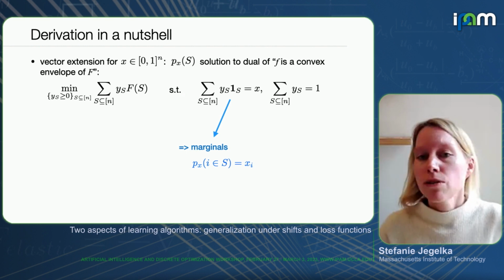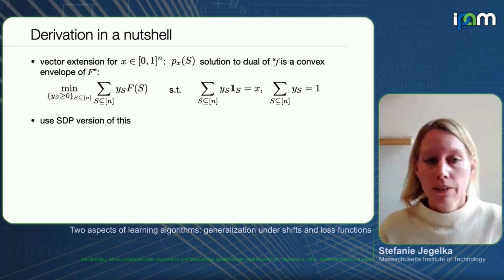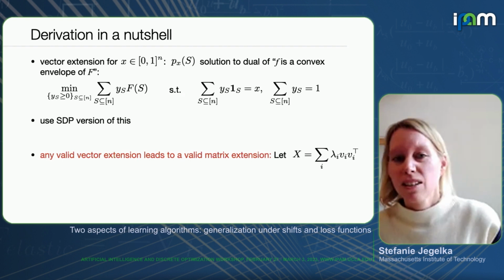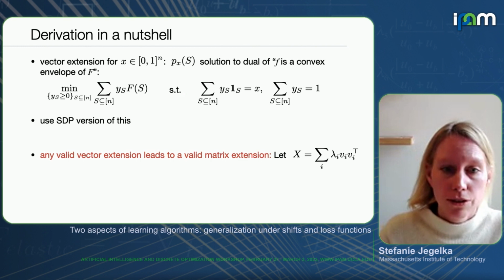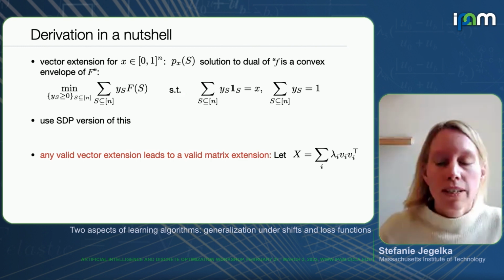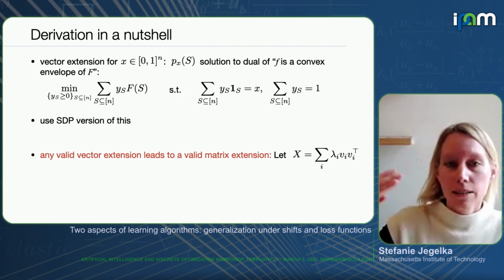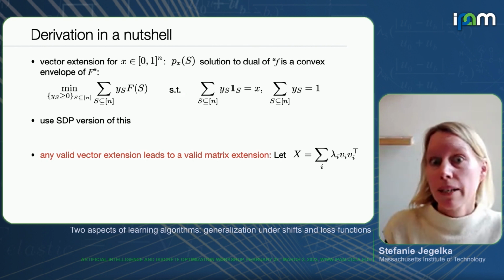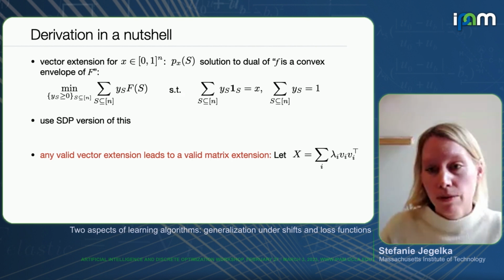So now how do we go from there to a valid matrix extension? We could use the SDP version of this, which essentially gives you some kind of SDP version of the Lovász extension of the submodular set function. Now if I had a valid vector extension, like the ones I showed you where you have the relaxation over vectors, then I can get a relaxation over matrices.